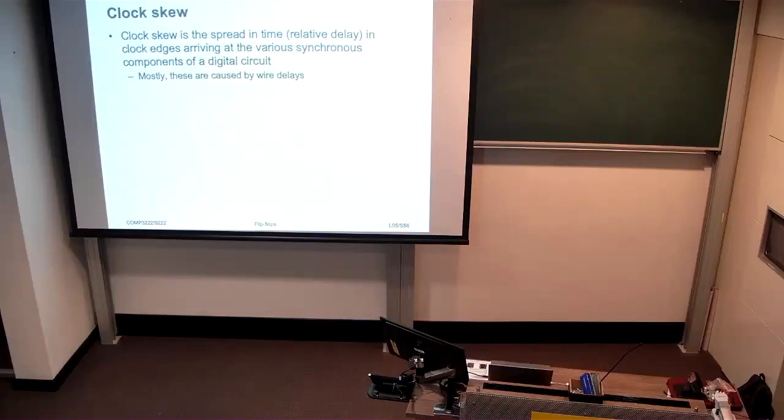Clock skew is the spread in time in clock edges arriving at the various synchronous components in a digital circuit. How big's a chip? Big chips are several centimeters wide. How long does it take for a signal to cross that width?